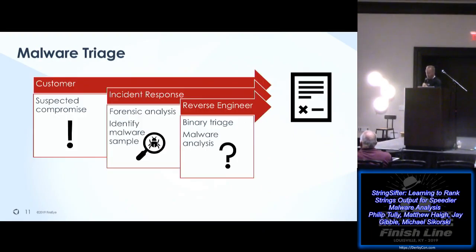So just a quick examination of our process with FireEye. When we have a customer who suspects a compromise, they see something suspicious in the system, they contact us, and we dispatch our incident responders. They're going to do a forensic analysis on the system, perhaps identify malware samples or suspicious samples that may be malware.